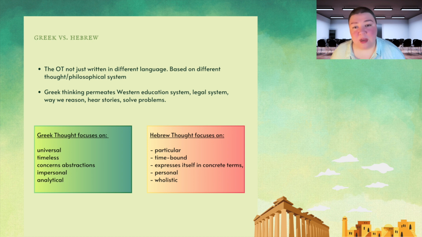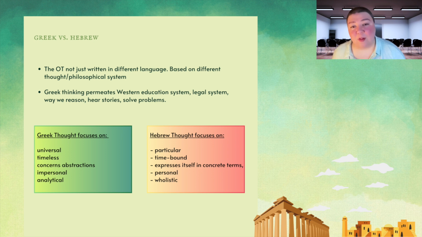We've said how Greek thinking permeates everything in the West: our education system, our legal system, the way we reason and hear stories and solve problems. It lays as a foundation underneath it all. It affects how we view the world. And so we sometimes struggle to understand what is happening in the Old Testament.